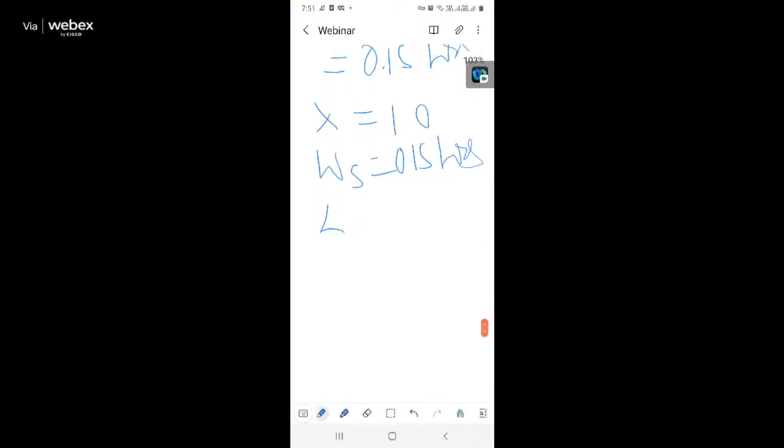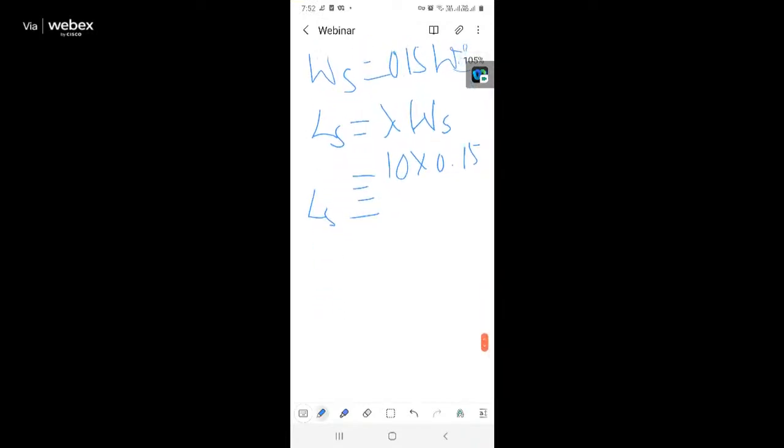By Little's law, you can find what is LS, correct? LS is equal to lambda into WS. You get 10 into 0.15. Please solve it and anyone tell the answer, because I don't have a calculator here, I'm doing it straight away on the whiteboard screen. We also know LS as lambda by mu minus lambda.